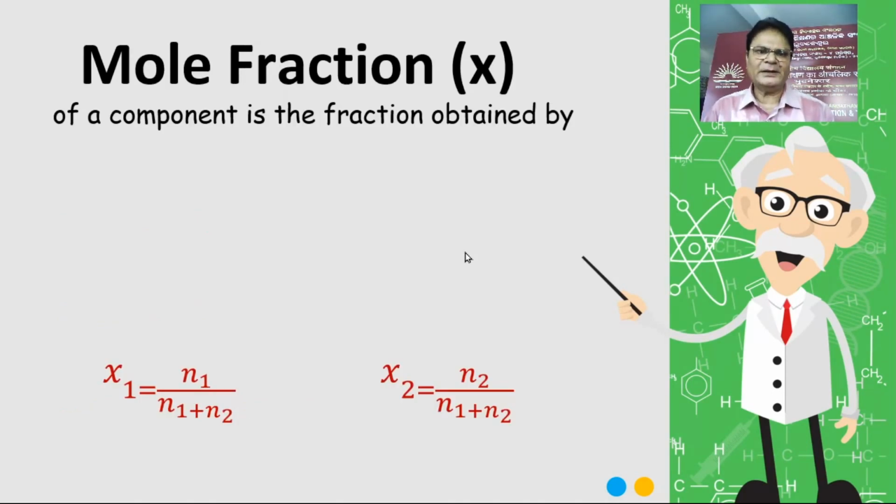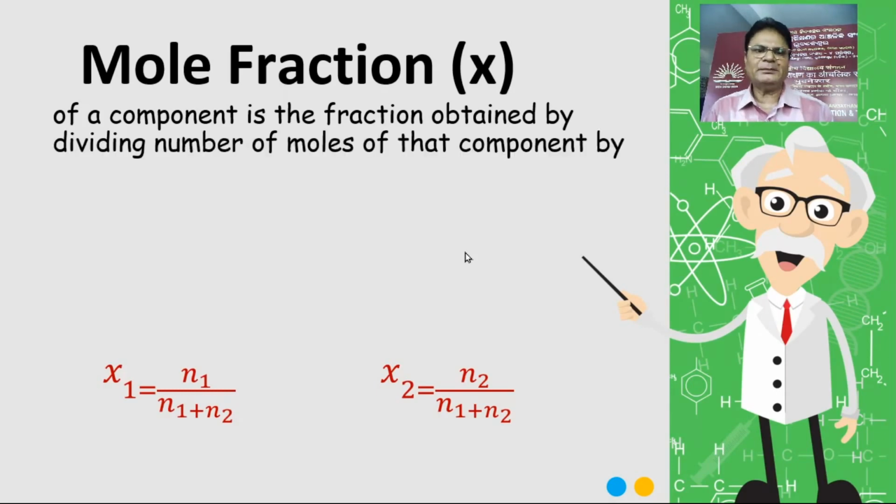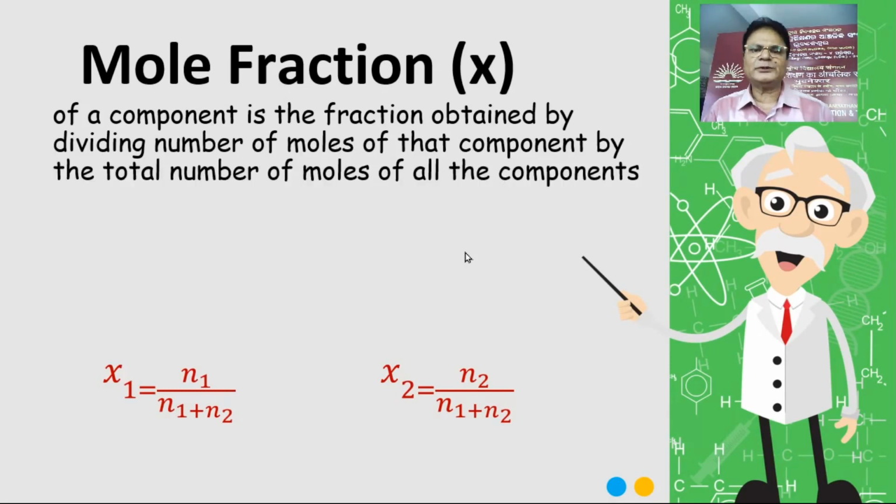Mole fraction of a component is the fraction obtained by dividing the number of moles of that component by the total number of moles of all the components present in the solution.